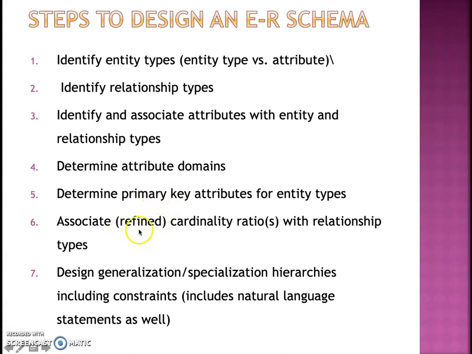Then we can associate cardinality ratio with relationship types like one-to-one, one-to-many, or whatever we have learned in the earlier lecture. There are many types of relationships, out of which the best one for a given relationship is to be defined. Then the generalization, specialization, hierarchies are to be defined to design our schema.